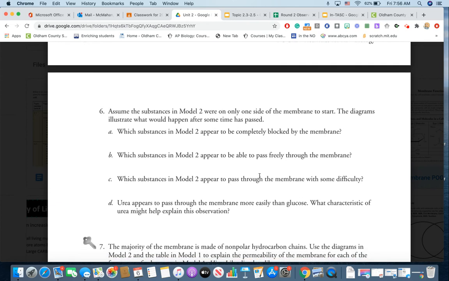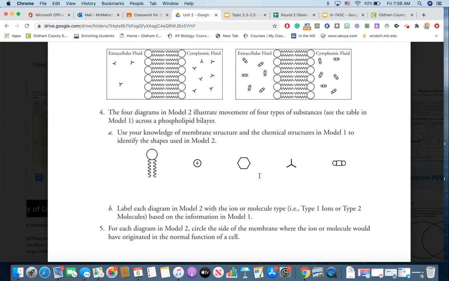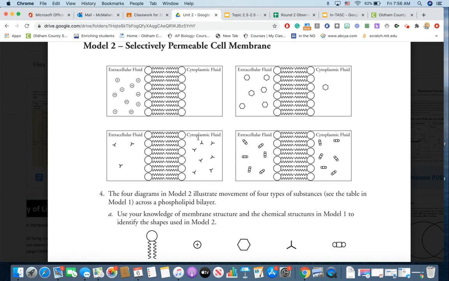In number 6, it asks you to look at what molecules appear to be blocked by the membrane, what passes freely, what passes with difficulty, etc. So up here, just by looking at the picture, the ions have not moved, which tells us ions do not pass across the membrane very easily. We now know that from our lecture. Ions have to have proteins embedded for them to move. No proteins here in this lipid bilayer.